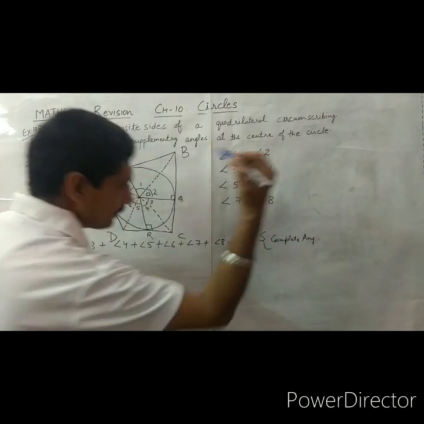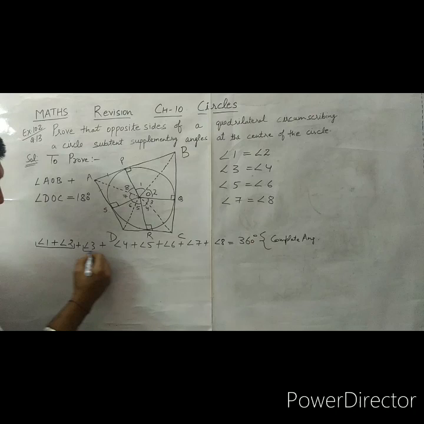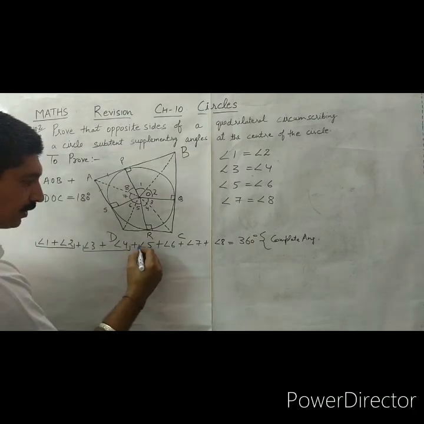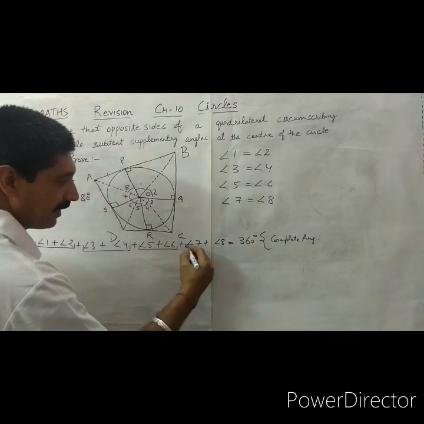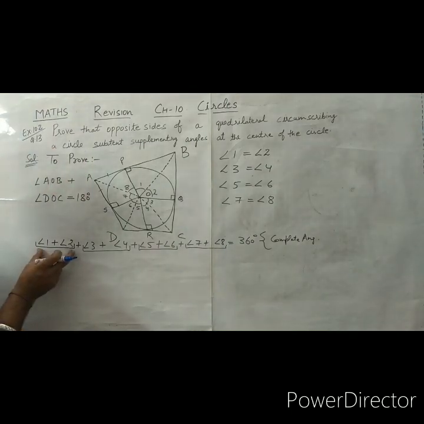So here we know that these two angles are equal, 3 and 4 they are equal, 5, 6 are equal, and 7, 8 are equal. So in place of 1 and 2, I can write twice of angle 1.